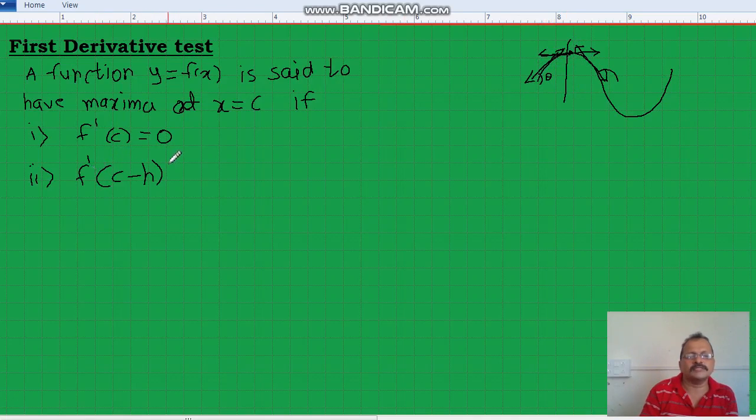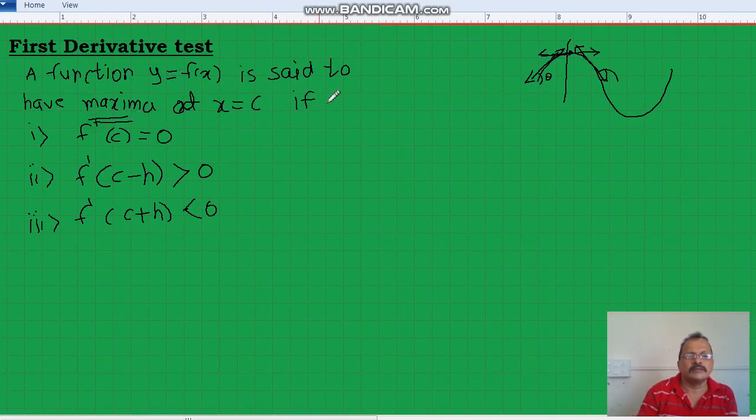So f dash c minus h should be greater than 0, and the third condition, f dash c plus h, that is towards the right hand side, the function should be decreasing, so it is less than 0. This is the first derivative test for maxima.